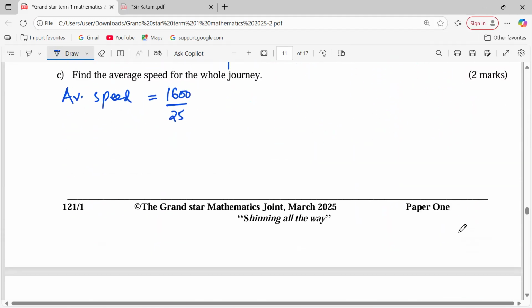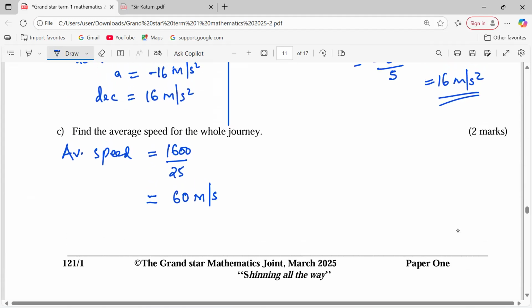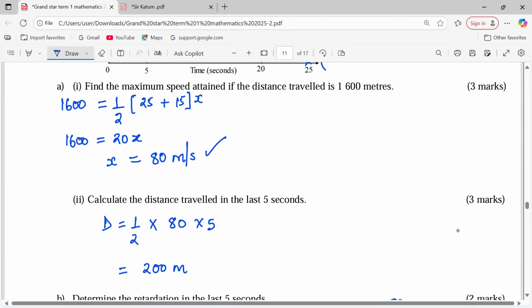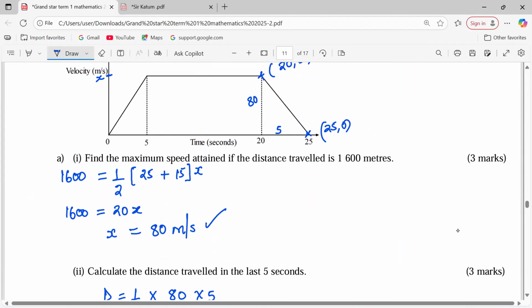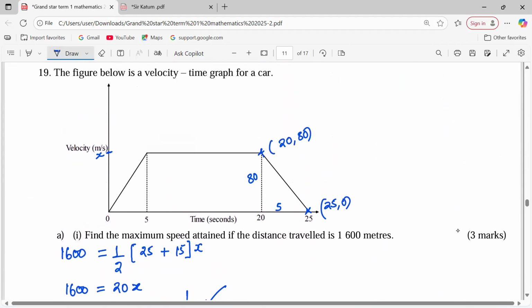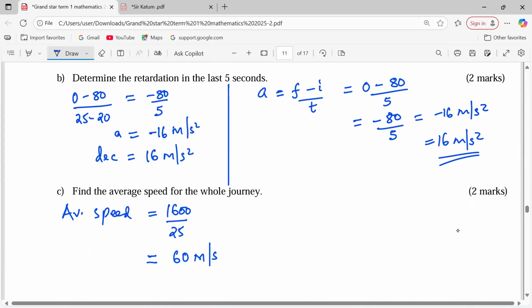Therefore, we take total distance covered out of the total time taken, and this gives us exactly 60 meters per second. So that is how we work out the question on linear motion. Very good question.